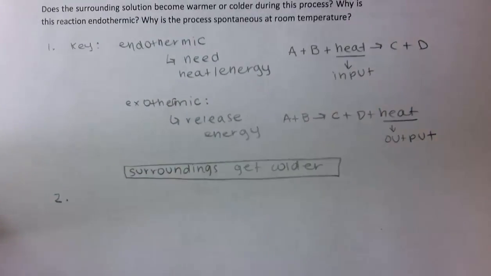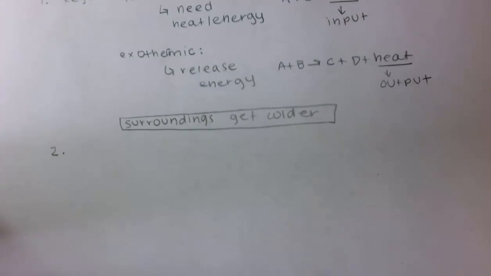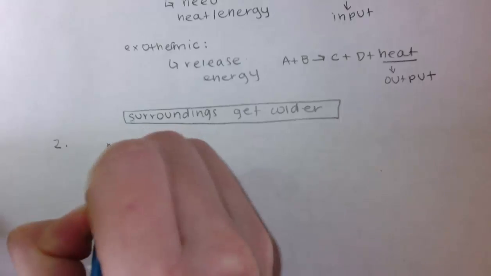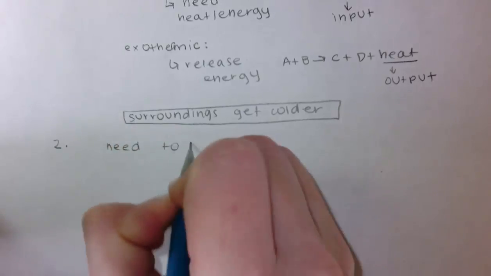And then we can move on to answer the second question, which is why is this reaction endothermic? So we're really just being asked, why do we need to take in energy for this reaction to occur? Well, to dissolve sodium chloride in water, we need to break bonds.